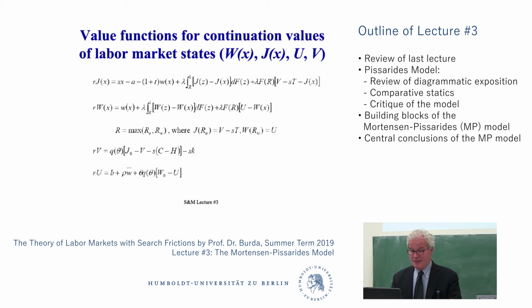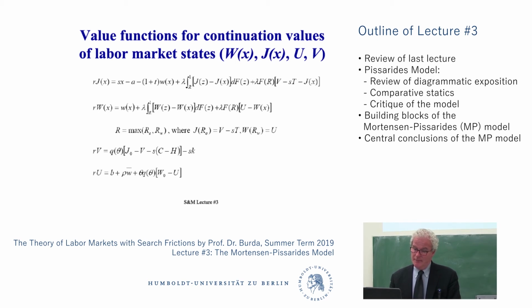What I do have is the probability of getting a job match, which would give me J sub 0, the initial value of a successfully posted vacancy that's matched, minus V, which is what I have if nothing happened. And then I may have to pay some costs.